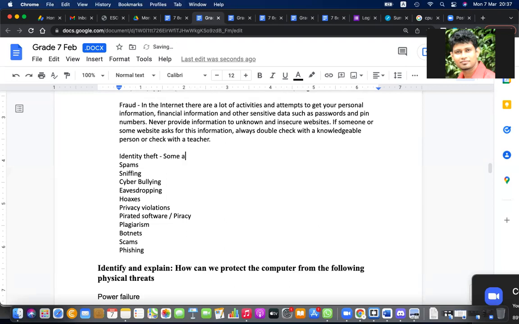Some attackers and people are using someone else's identity.